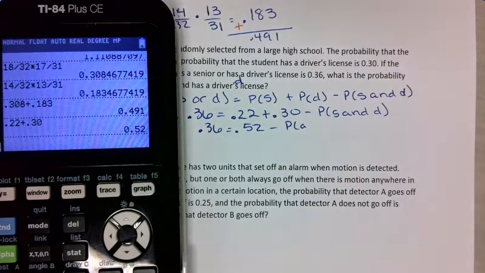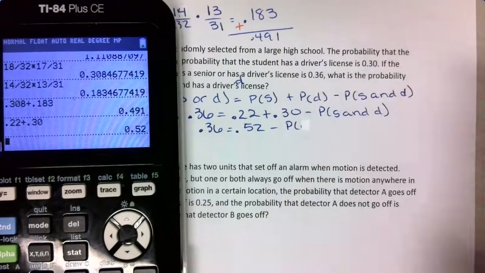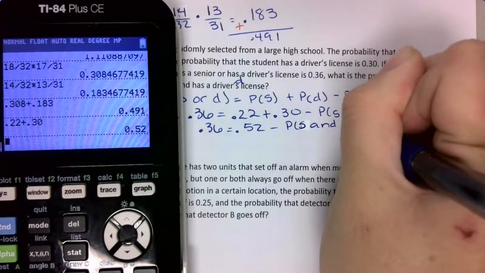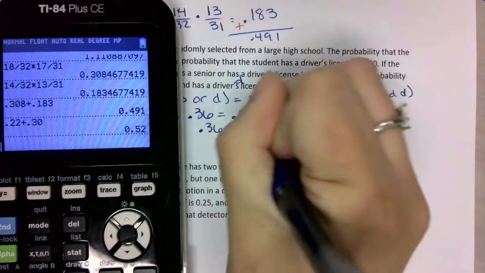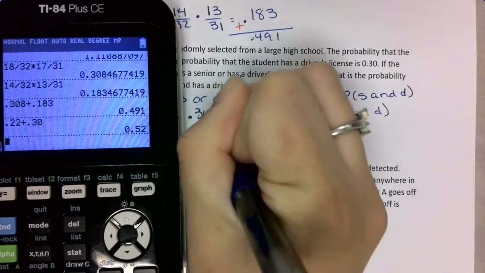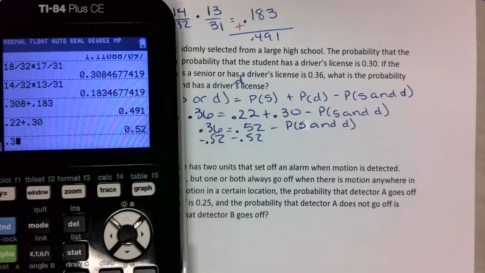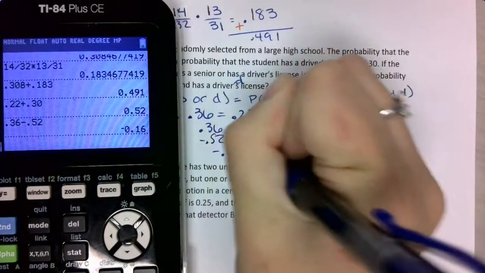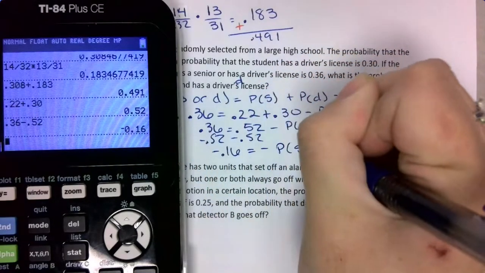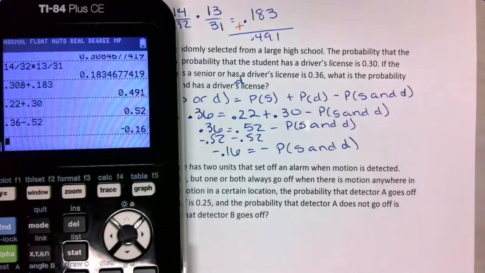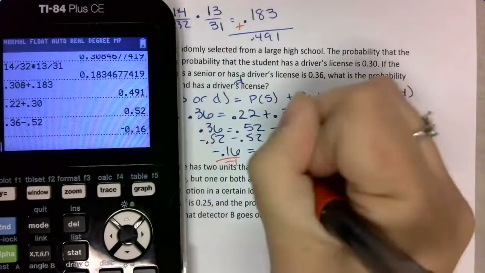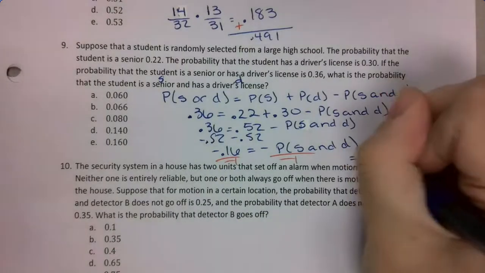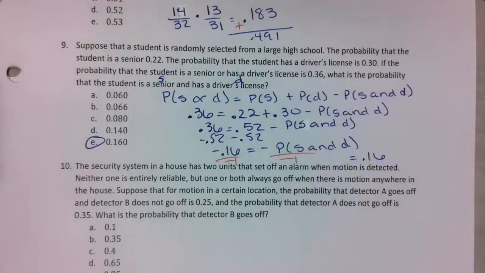Oops, this is S and D, not A and D. And then I want to subtract the 0.52 on both sides, which gets me negative 0.16 equals negative the probability of S and D. So if I divide both sides by negative 1, this gets me 0.16. So my answer here is E.